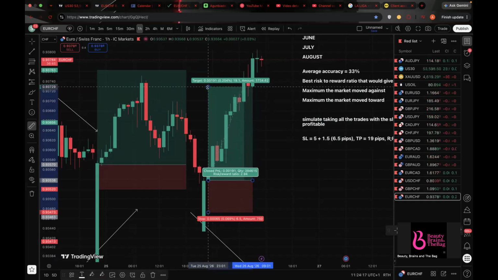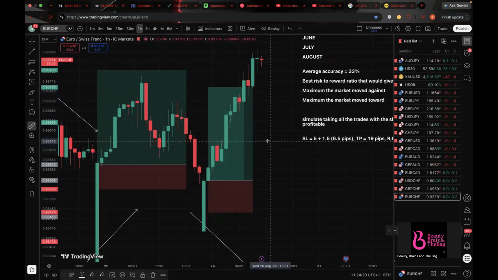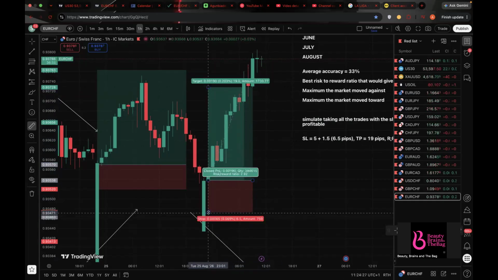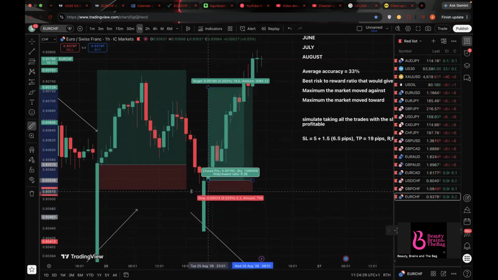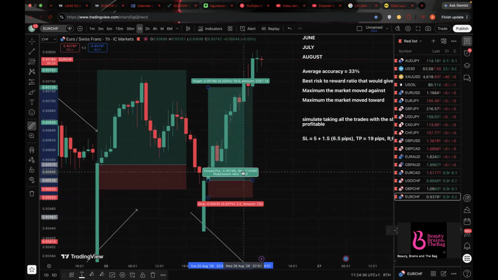Okay, 2.9. If I had reduced my SL to, let's say, 2 pips, then you now add the 1.5 pips of spread, taking everything to 3.5. Risk to reward ratio increases from 2.9 to 5.4.